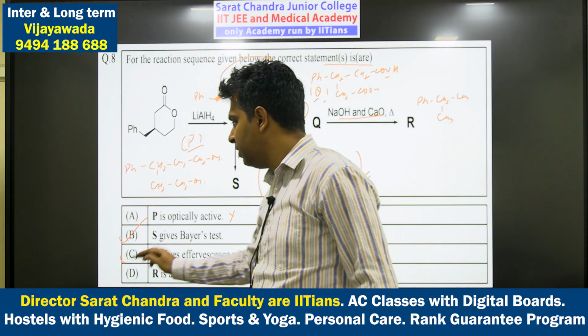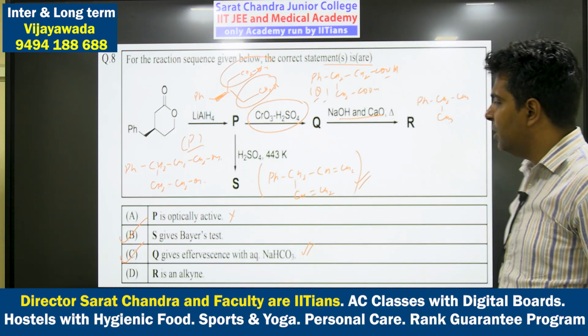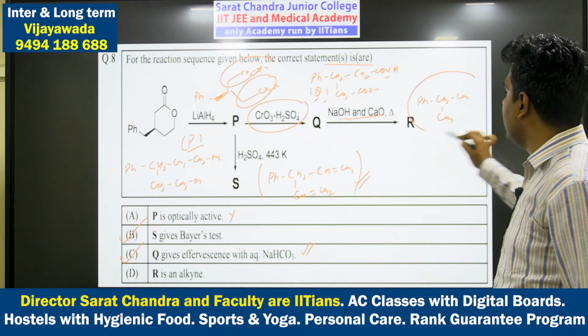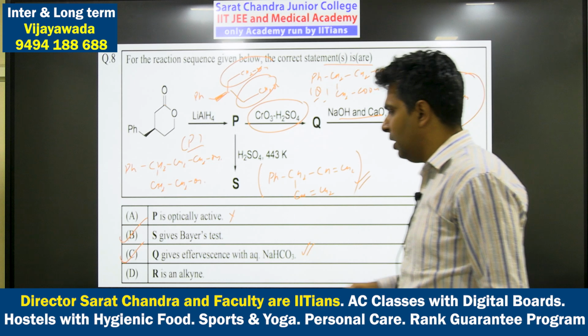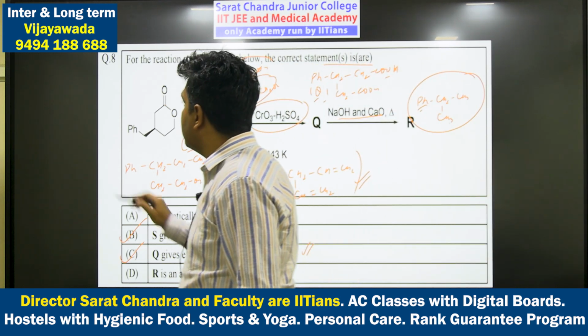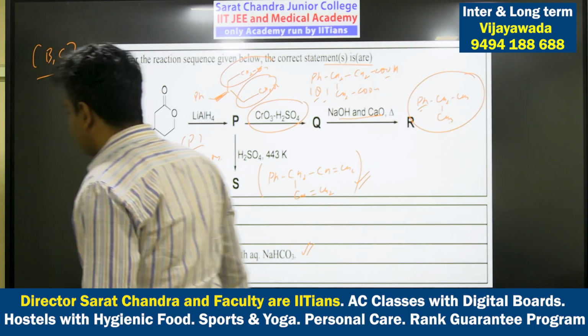And R is an alkyne? No, R is not an alkyne, R is an alkane with a benzene ring, so it is not counted as an alkyne. So this is wrong. So the answer for question number 8 will be options B and C.